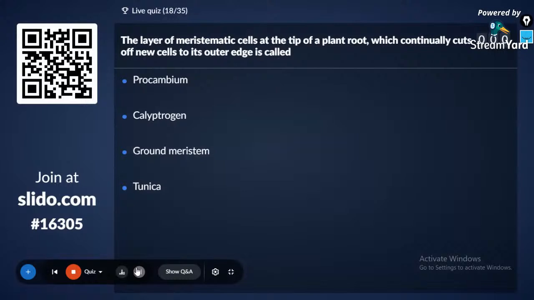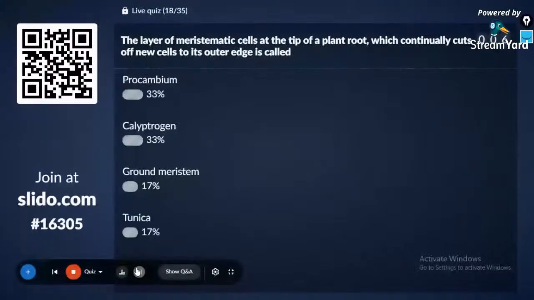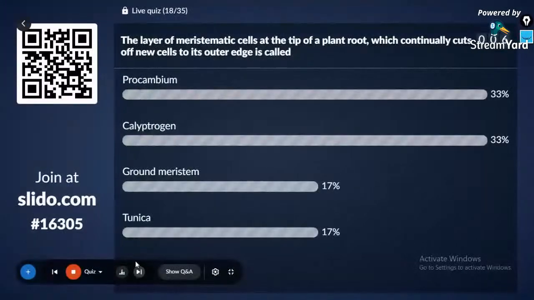The layer of meristematic cells at the tip of a plant root, which continuously cut off new cells to its outer edge, is called procambium, calyptrogen, ground meristem, tunica. Guys, the answer is calyptrogen.